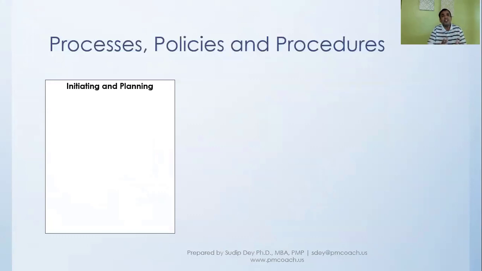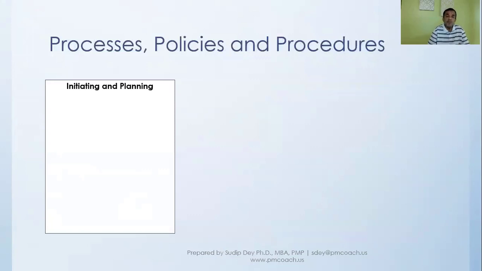Now, we look at these processes, policies, and procedures that can impact us in our project in different phases. For example, when we're initiating and planning, or executing, or closing, what are those processes, policies, and procedures we should look for that might impact or help our project?